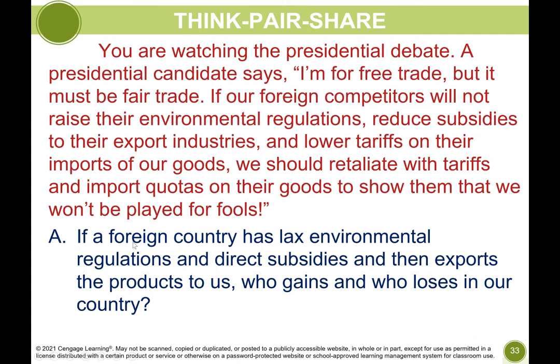Number A: if a foreign country has lax environmental regulations and direct subsidies and then exports the products to us, who gains and who loses in our country?